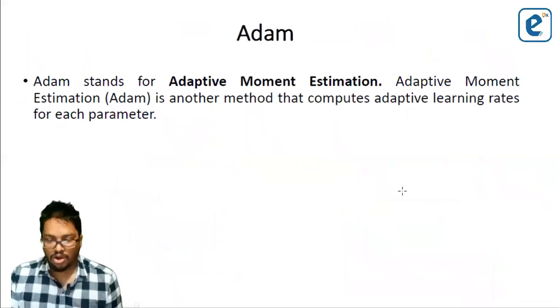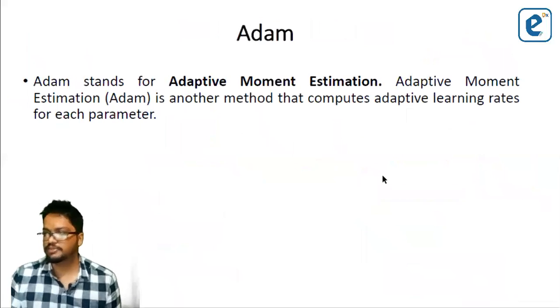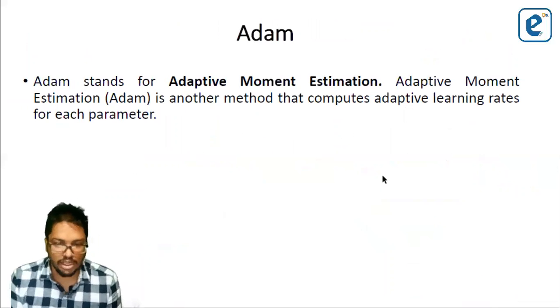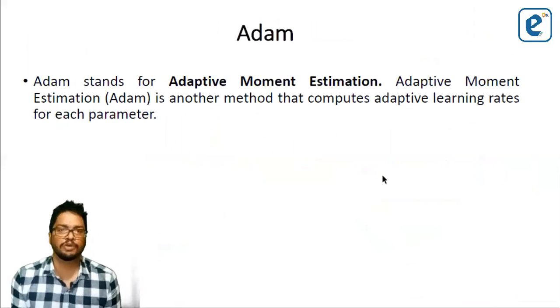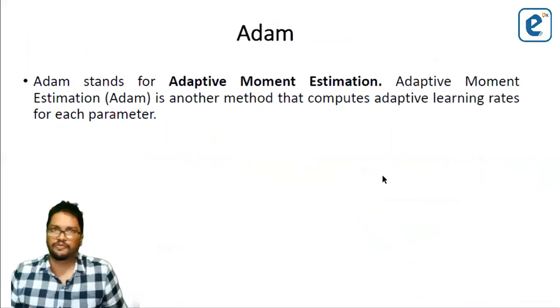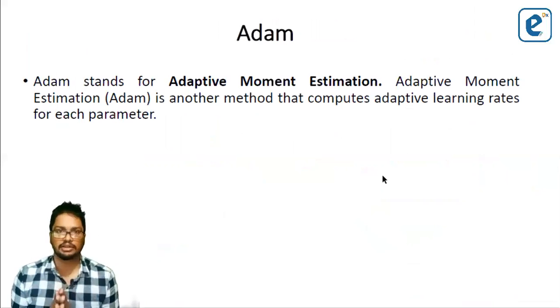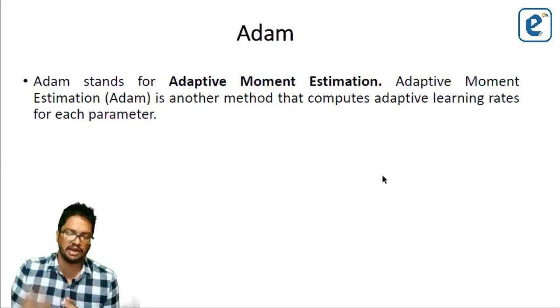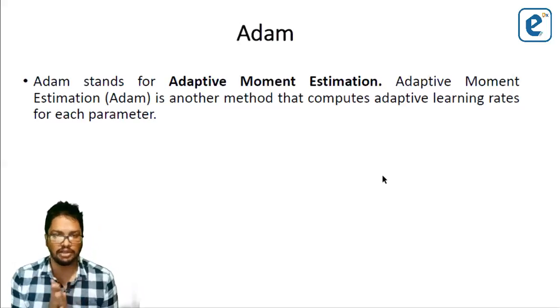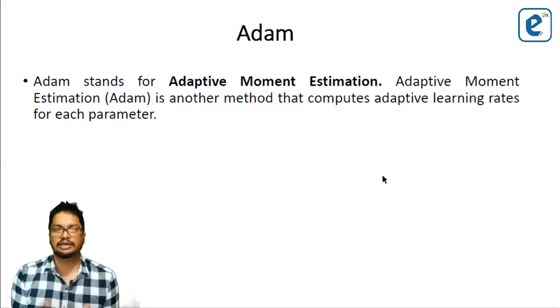Then we have discussed adaptive optimizers. The fundamental type is the gradient descent algorithm, but we have some adaptive optimizers. What is the purpose of having them? These are modified, advanced versions of the gradient descent algorithm.